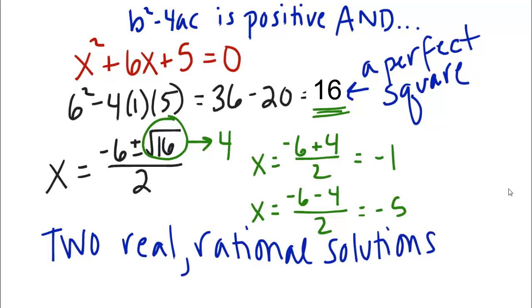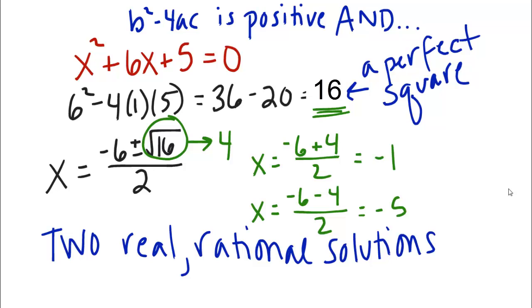If that number was not a perfect square, like in our previous example, then we had two real irrational solutions. What's nice about realizing that we have two rational solutions is that it tells us we could have probably factored instead of using the quadratic formula.